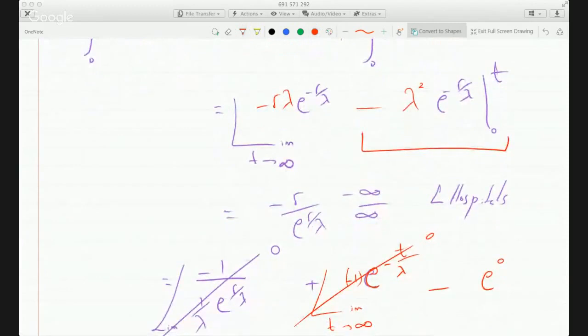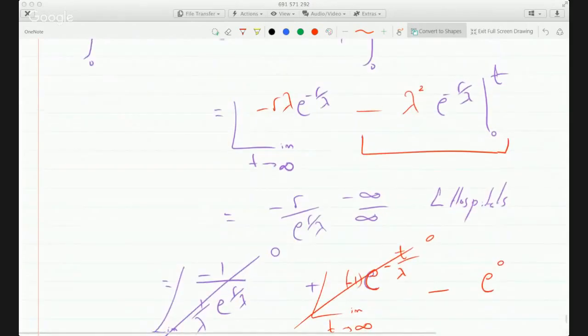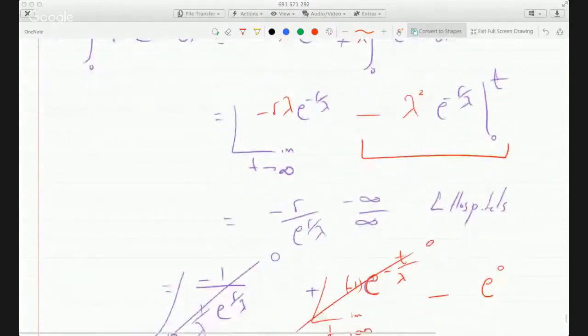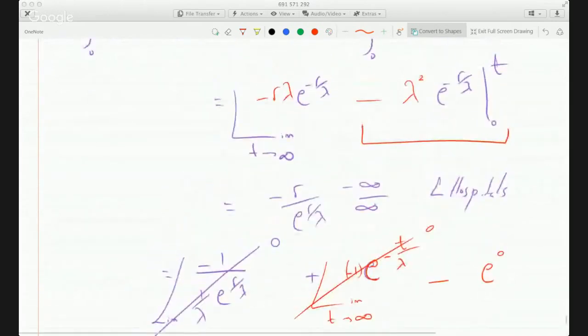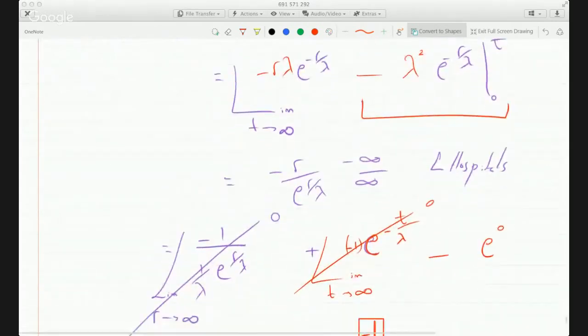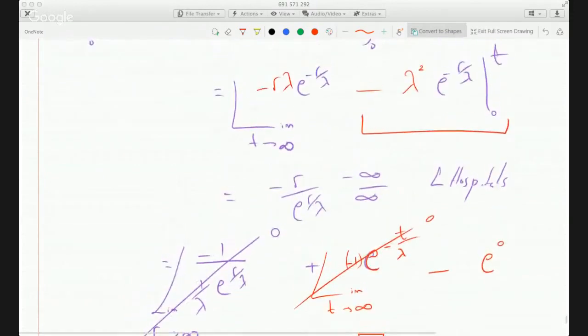So the first one we've already done, it's 0. The second one, at infinity it's 0, and at 0 it's minus lambda squared.